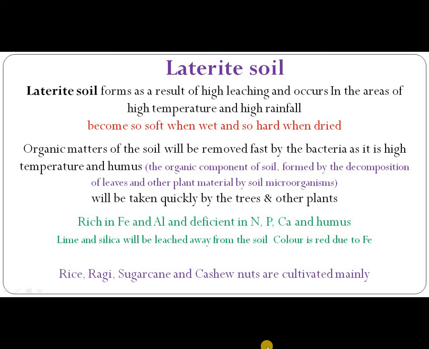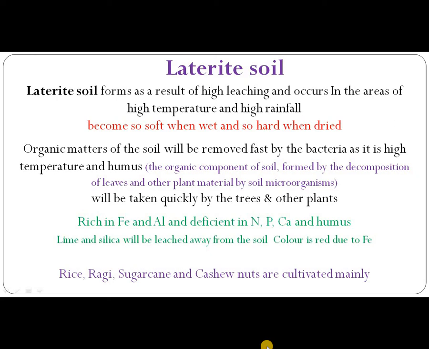Organic matter of the soil is removed fast by bacteria, as it is high temperature, and humus is taken up quickly by the trees and other plants. So laterite soil is rich in iron and aluminium and deficient in nitrogen, phosphorus, calcium, and humus.